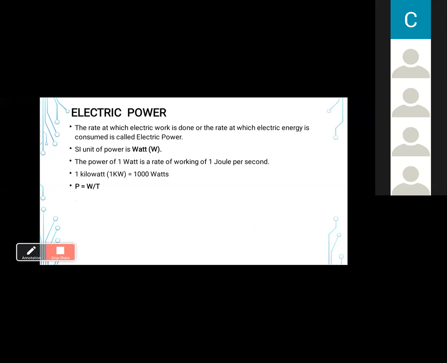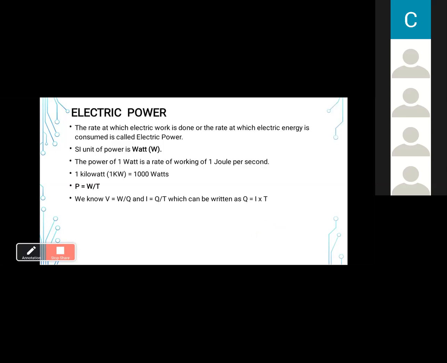W is the work done and T is the time taken. Time is always taken in seconds and work in joules. So the unit of power is joule per second, or 1 watt equals 1 joule per second. And one more thing, kilo means 1000. So 1 kilowatt is equal to 1000 watts.